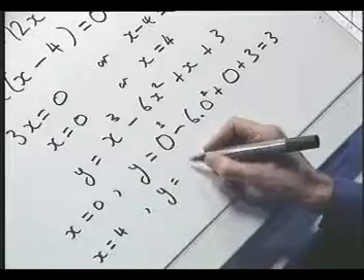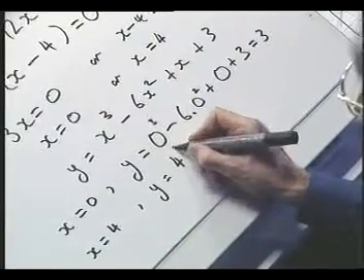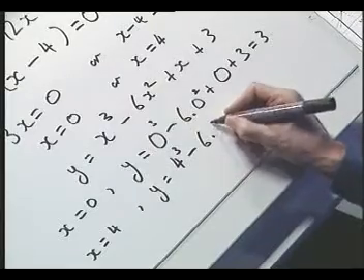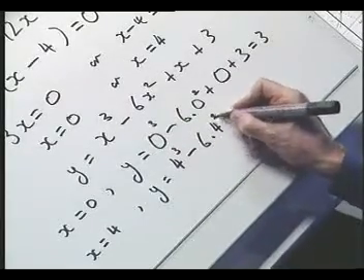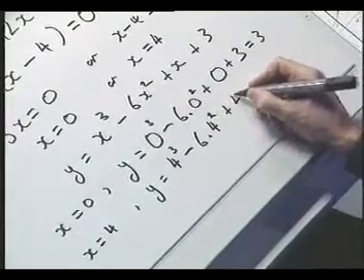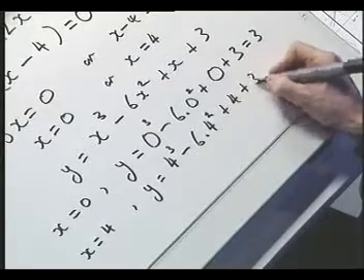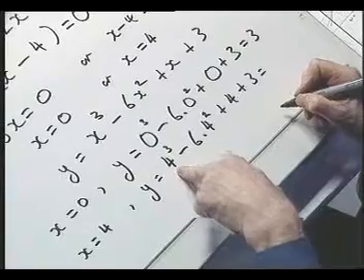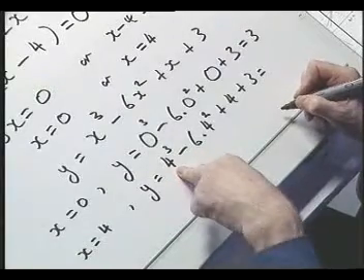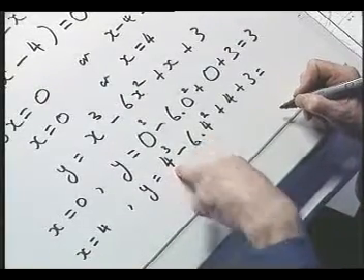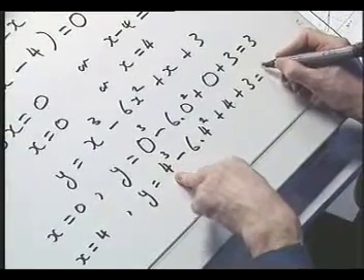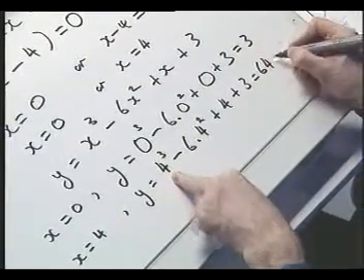y is equal to 4 cubed minus 6 times 4 squared plus 4 plus 3 equals, well, 4 cubed is 4 times by 4 times by 4. 4 fours are 16, and 4 times by 16 is 64.